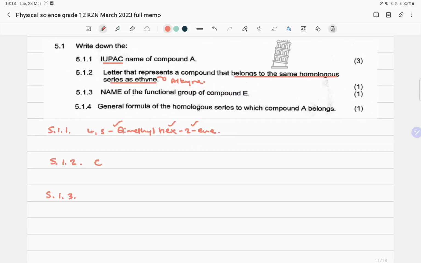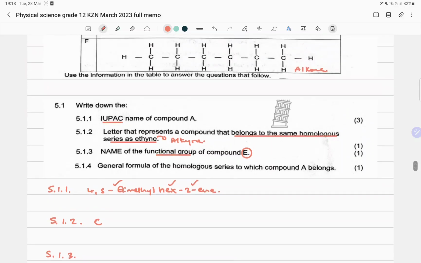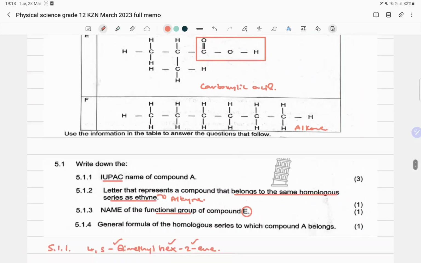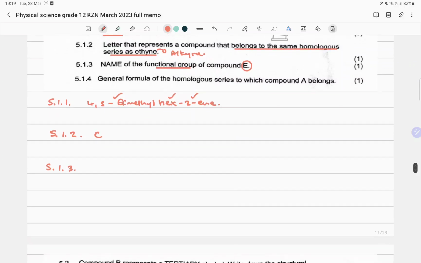So 5.1.3 says name the functional group of compound E. Now, where is compound E? That is a carboxylic acid. So the functional group of a carboxylic acid is what we call the carboxyl group. That's the name of the functional group.